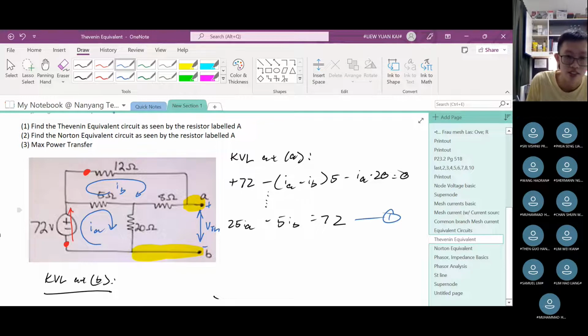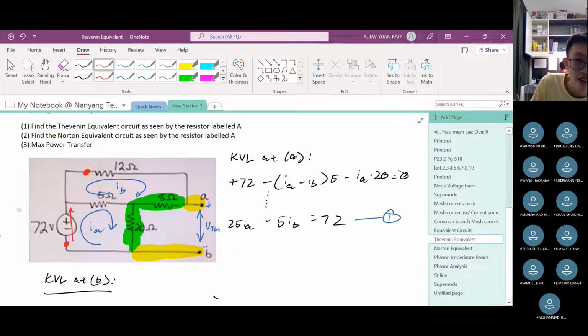Now, to get the potential difference across A and B, what I can do is I look at the potential drop across this 8 ohm, and then the potential drop across this 20 ohm. If I sum them up together, I will get the potential difference across A and B, correct?